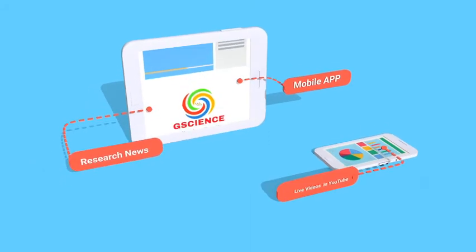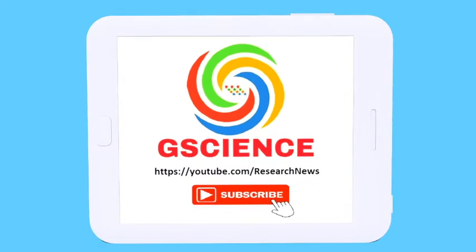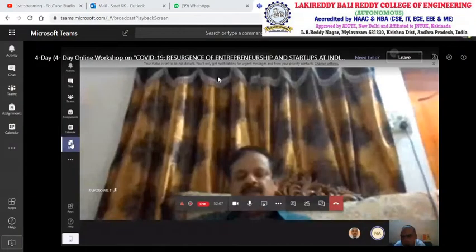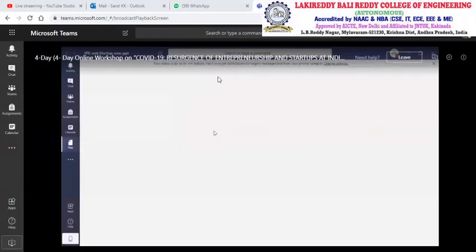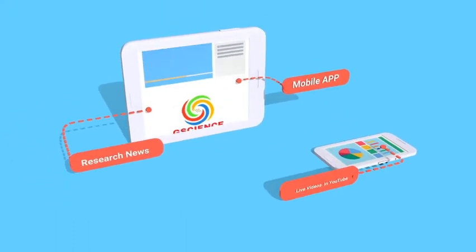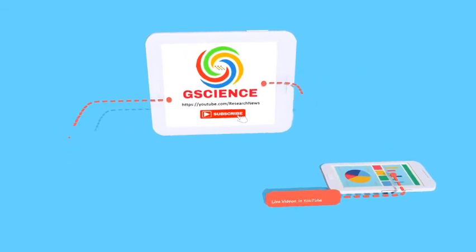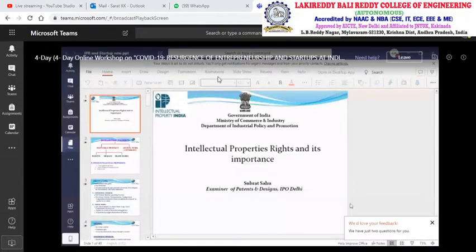Sir, go to files, sir, and open that PPT. Yes, I have opened that one. Is this visible now? Yes, sir, visible. Close that yellow notification. I have already closed it. Okay, full screen and continue, sir.